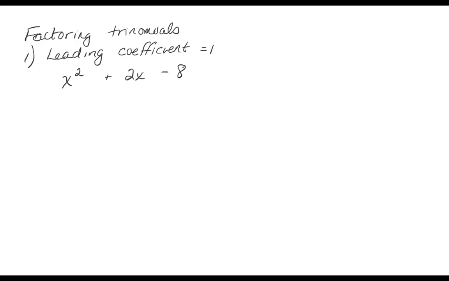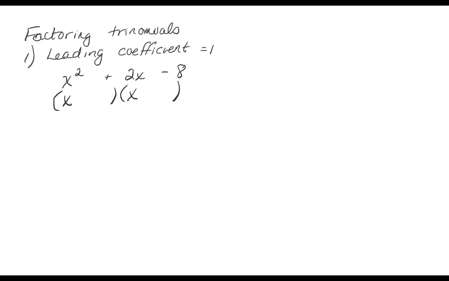So when I break this down, my plan is to try to write this as a product of two binomials. And so we're just trying to kind of break it up. The reason that we can do this leading coefficient equal 1 case on its own is that we know right off the bat that the only way to break this up and get that x squared is to do x times x.